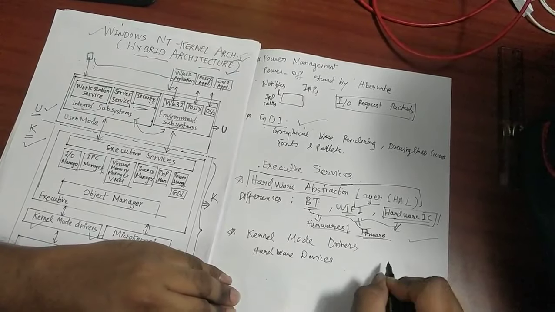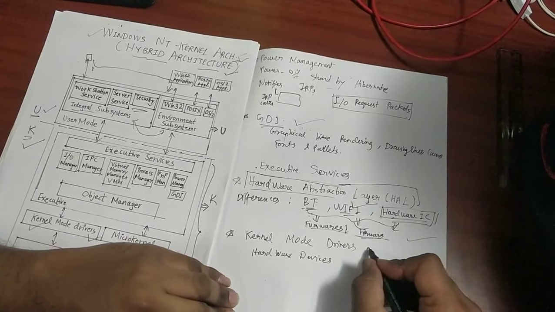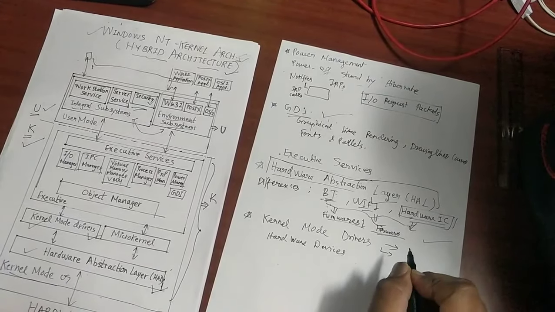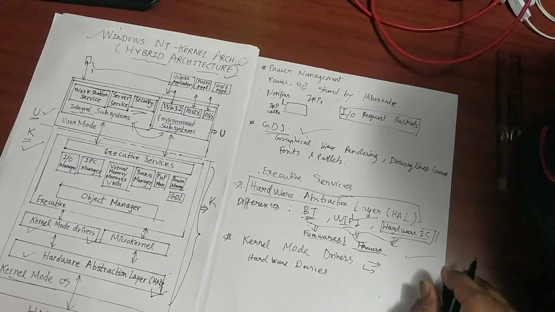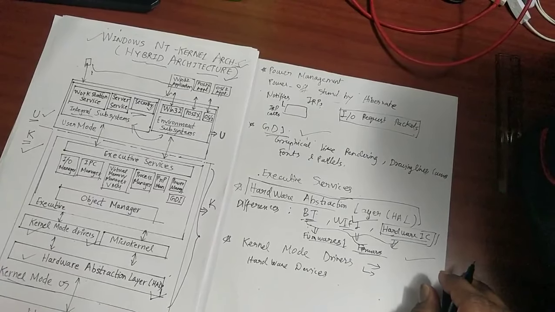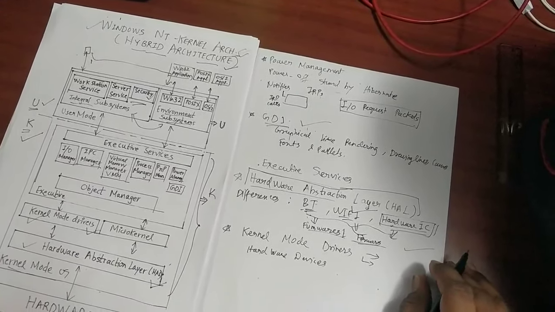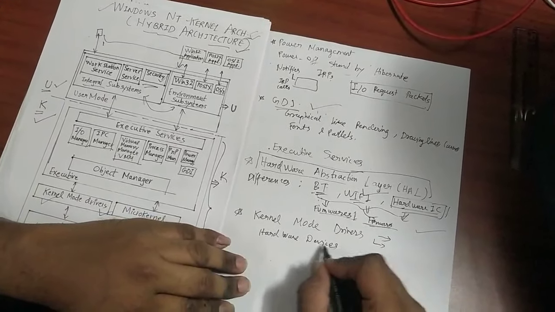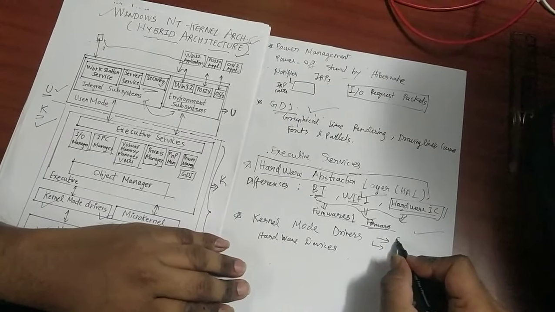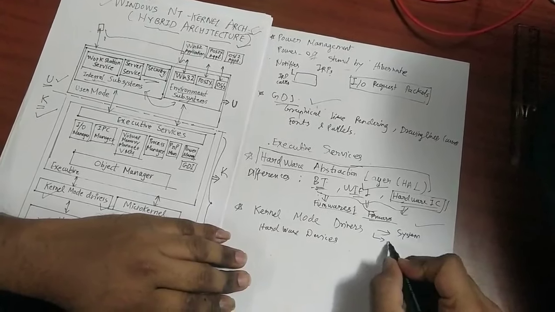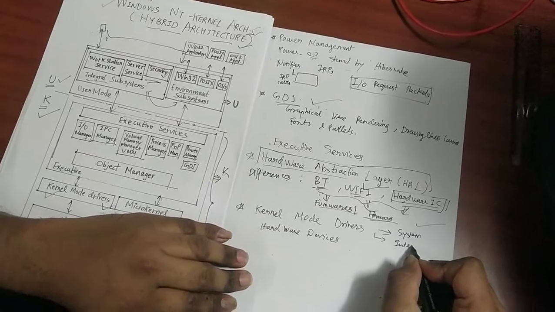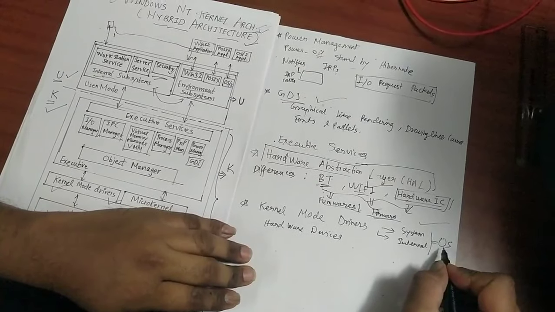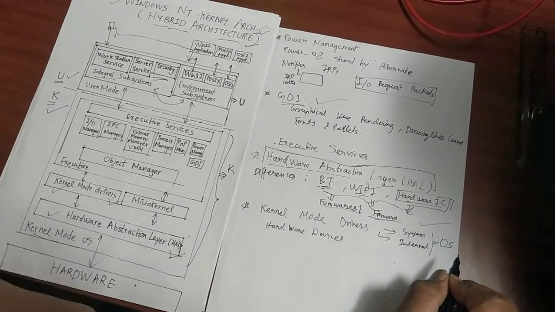There are several drivers for specific hardware devices, and each of the drivers has well-defined system routines and internal routines that it exports to the rest of the operating system. These drivers have some system routines and internal routines which are exposed to the OS.